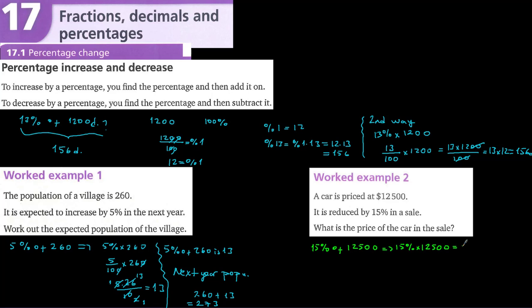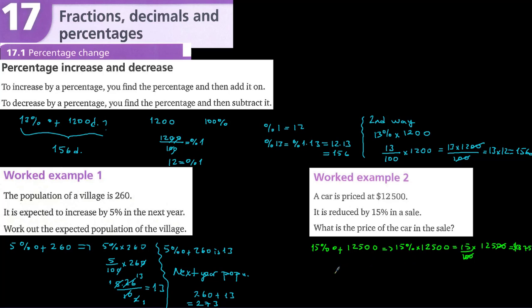That is 15 over 100 times 12,500, and when you simplify the zeros, it is 15 times 125, which is equal to $1,875. This is in dollars, so this is 15% of the price.